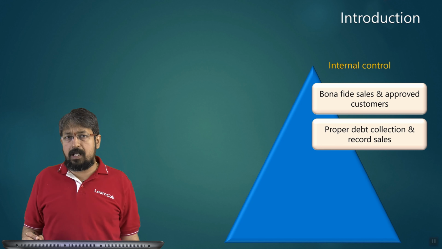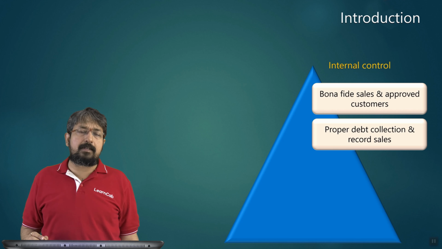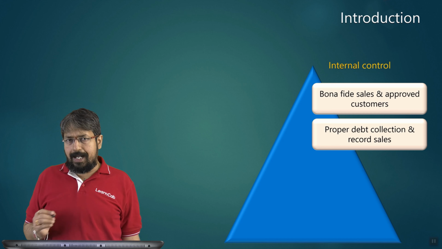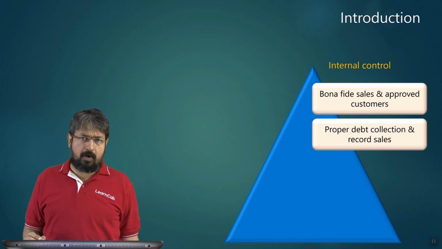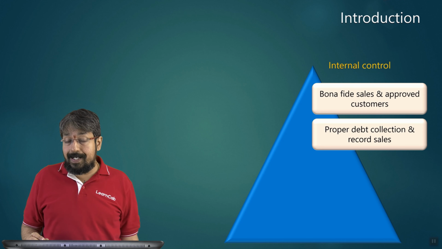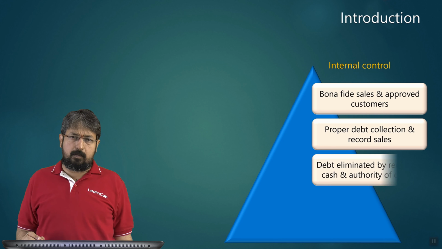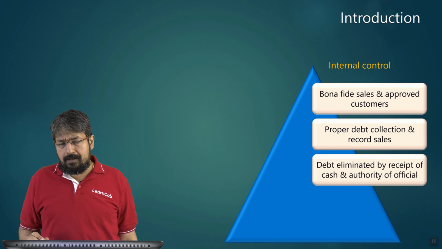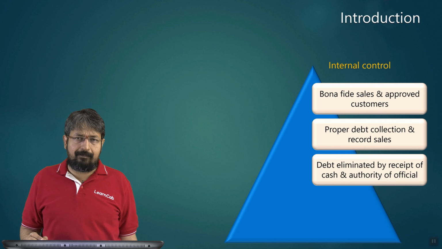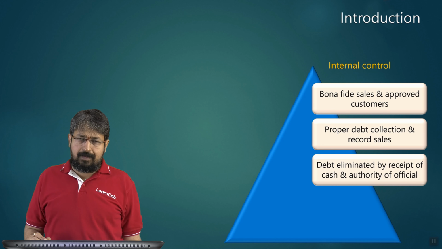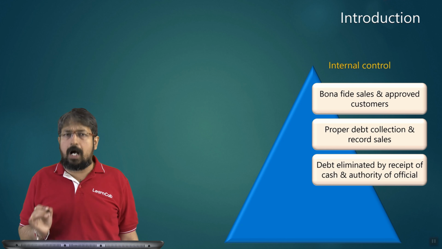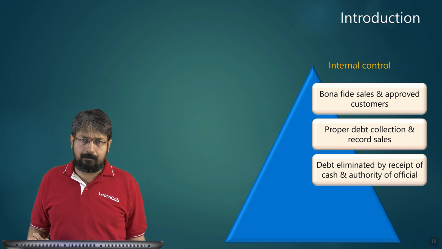Not only sales being made, but the sales should be properly captured in the accounting system. It can be manual or it can be computerized, but whether the sale is properly captured, that has to be examined. Further, once the debt is created, that is, the customer has to pay the money, that particular debt which is to be received from the customer can be eliminated only upon receipt of the amount.